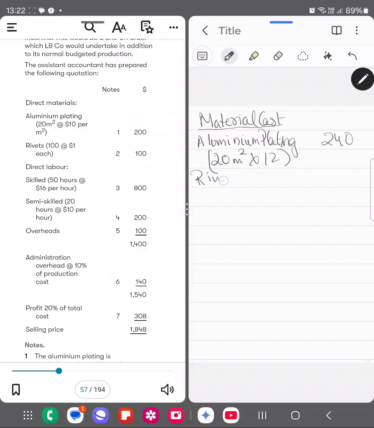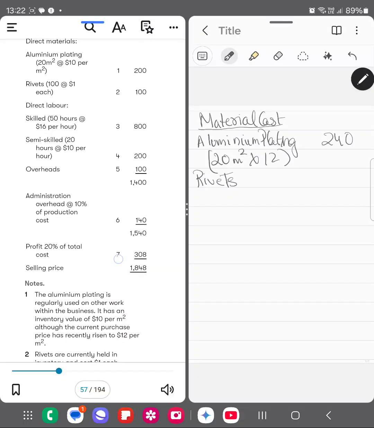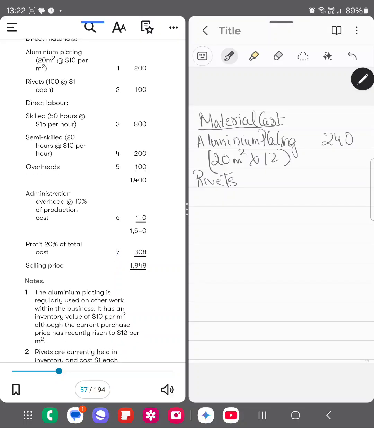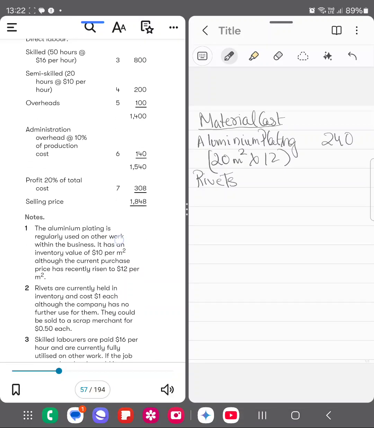For rivets they have given us note 2. I'm sorry, my handwriting is really bad, please bear with it. For rivets, they have purchased 100 rivets at the rate of $1 each.